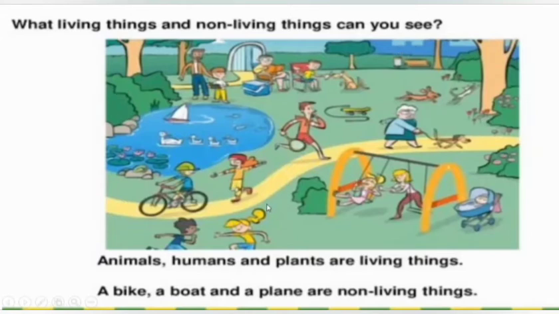Why? Because they all need food, they all need air. They all grow. Plants make their own food with the help of sunlight. They don't eat fruits or vegetables, because plants can make their own food.